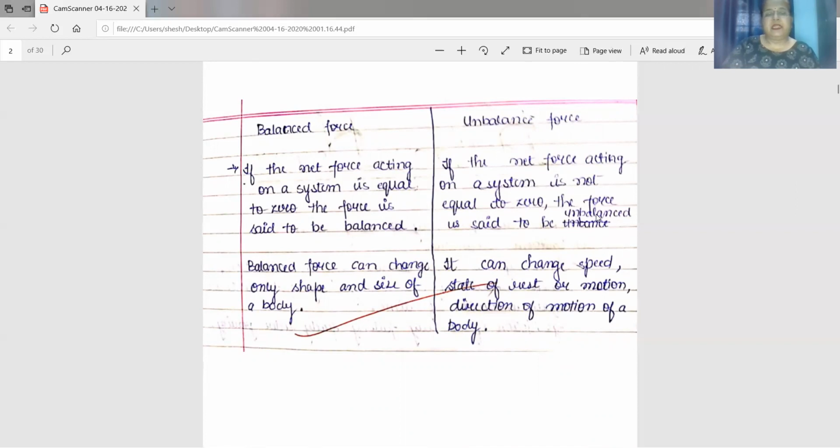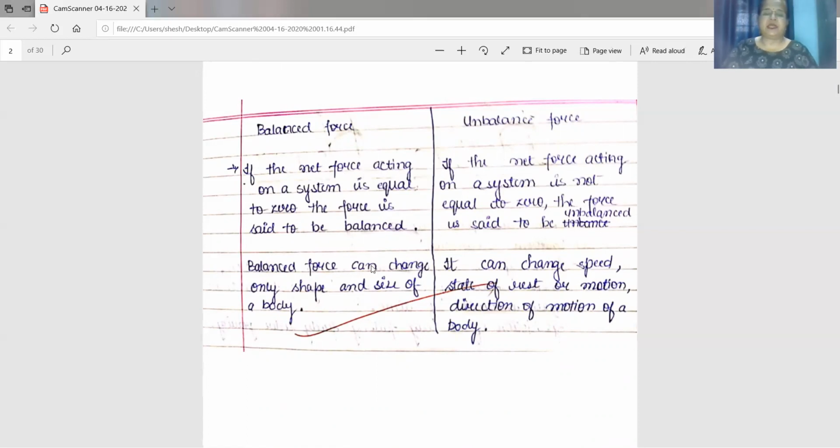For example, in tug of war, if both teams, team A and team B, are equally strong, the net force will be 0. And if team A is stronger than team B, then the net force will be toward team A. The second case is unbalanced force and the first case is balanced force.